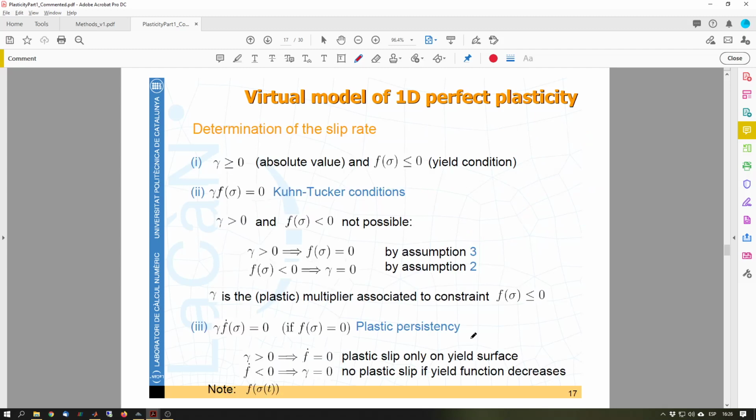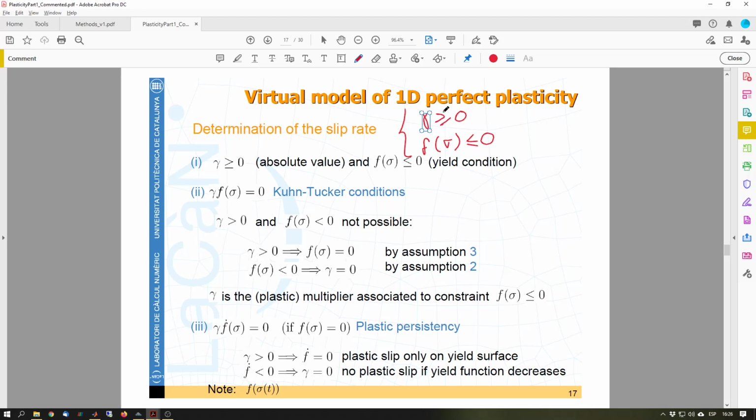First of all, let's see how we can determine this slip rate, the gamma, which is the amount of slip rate that we have in a problem. First of all, we always define in perfect plasticity that our gamma is larger than or equal to 0, and these two conditions are necessary: always that gamma is positive, and always my f of sigma must be smaller or equal to 0.